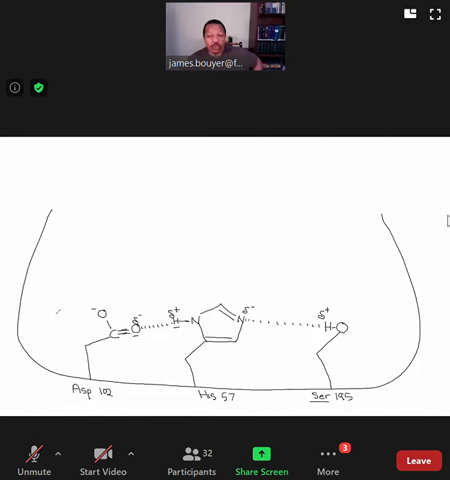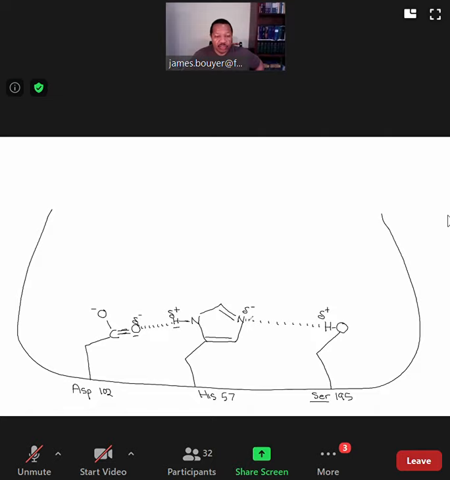So the empty active site with aspartic acid 102, histidine 57, serine 195 is stabilized based on hydrogen bonding. The carboxyl group and the histidine form a hydrogen bond because this oxygen is partial negative and this hydrogen partial positive.